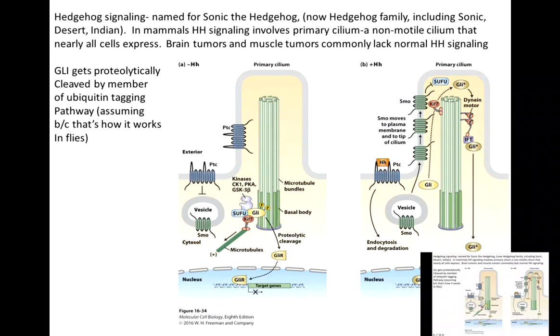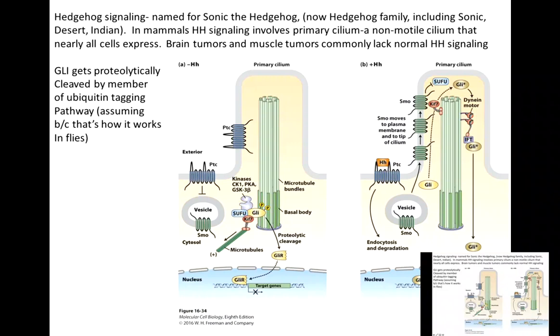Once it is GLI star, it attaches to dynein, which is another motor molecule that goes in the opposite direction on these microtubules. Remember, microtubules have polarity, a plus end and a minus end. Kinesin goes in one direction, dynein goes in the other direction. Dynein brings GLI star down to the base of the primary cilium.